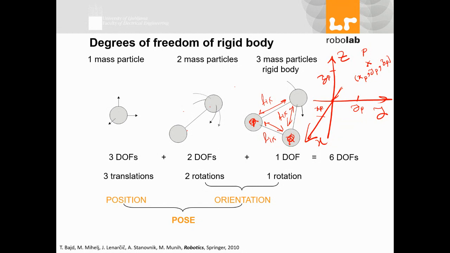To tell you exactly where my cell phone is, or its situation, meaning position and orientation, I have X, Y, and Z to tell you where my cell phone is in 3D space.